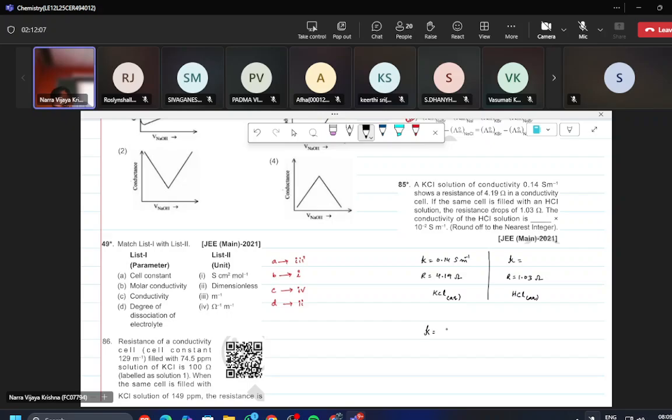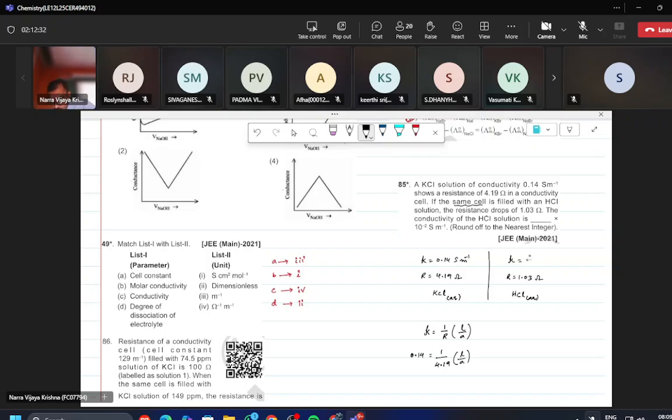Kappa equal to 1 upon R into L upon A. Here, 0.14 equal to 1 upon 4.19 into L upon A. As you are using the same cell, what happens to L by A? Substitute this L by A value here.